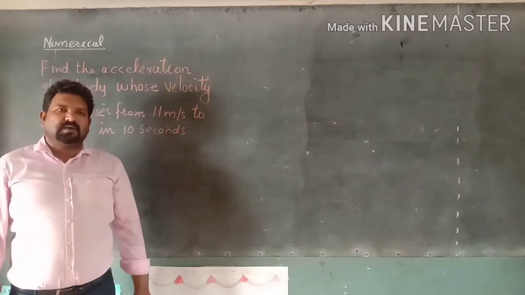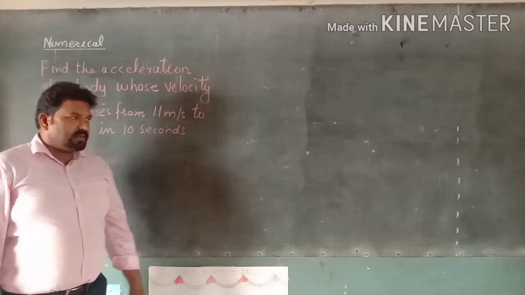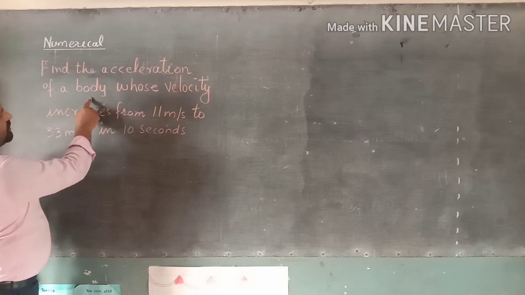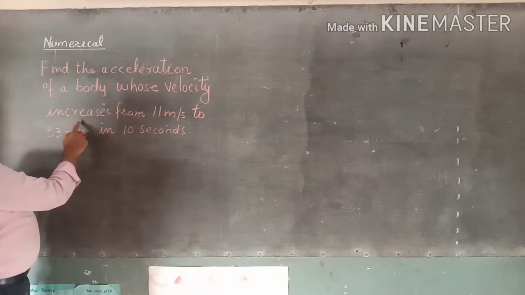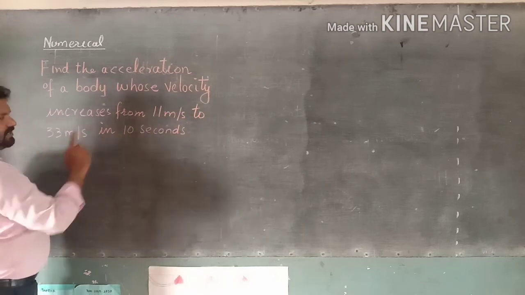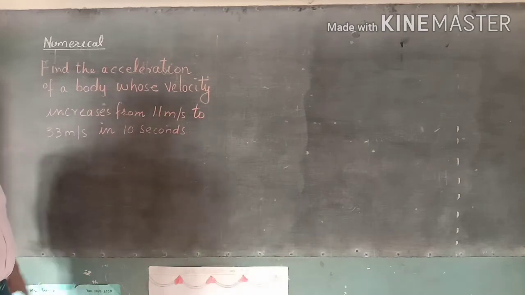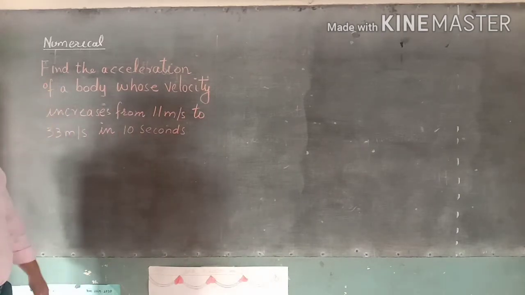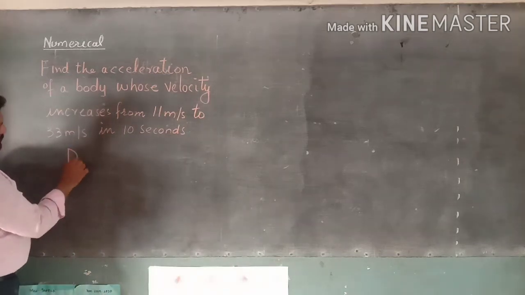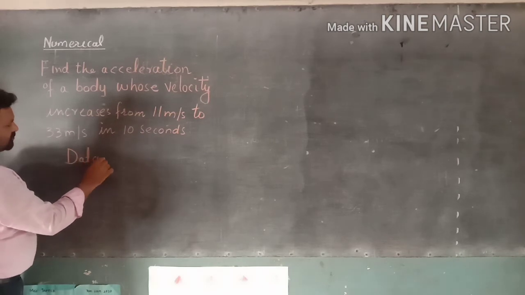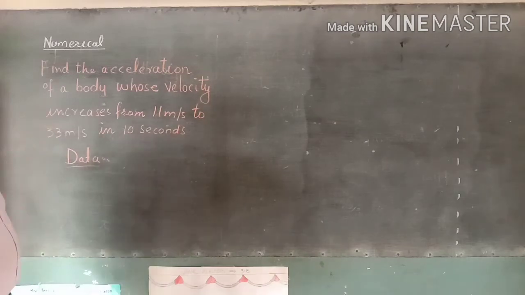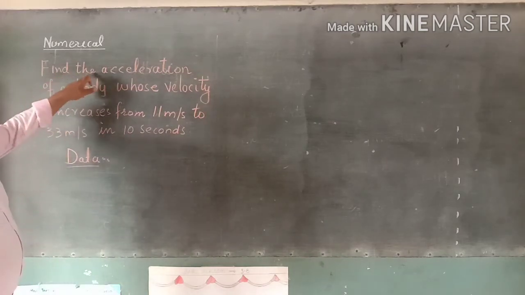Students, now we will solve the numerical. Find the acceleration of a body whose velocity increases from 11 meter per second to 33 meter per second in 10 seconds. From this numerical, first of all, we will write the data. In this numerical, find the acceleration.